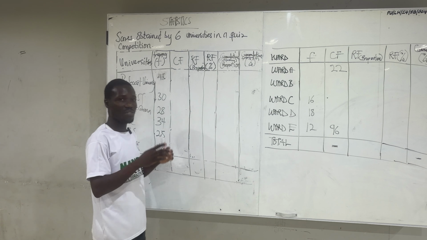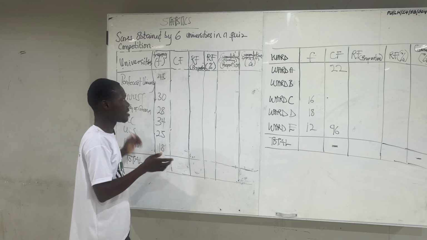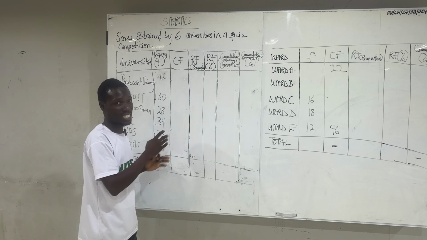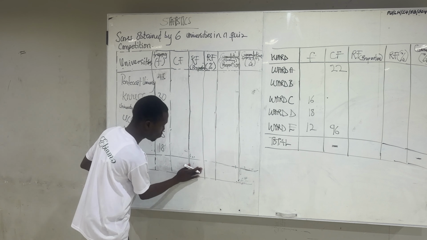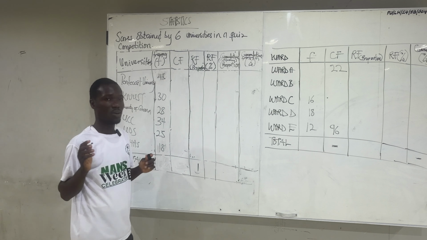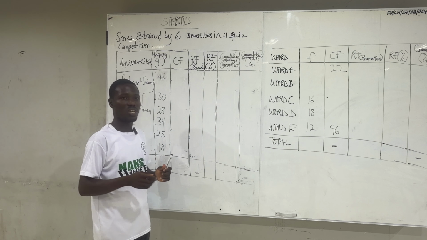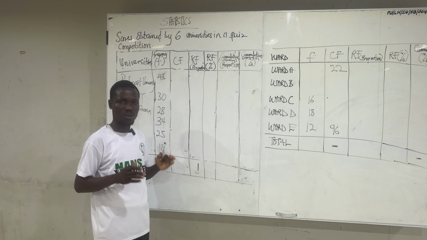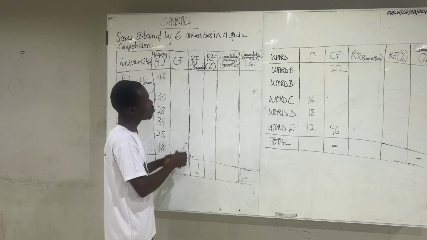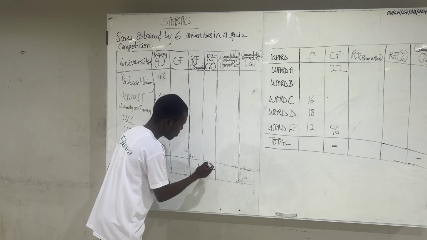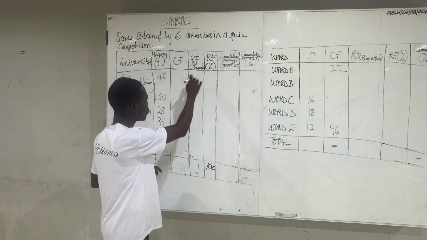So even if you don't know how to calculate it, if you know the basic statistics principle, you can just go ahead to write one here. And when you are expressing relative frequency in terms of percentage, your total is automatically 100. So you can also write 100 even before you start to solve anything.